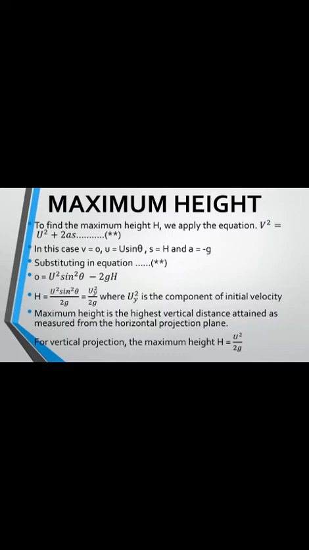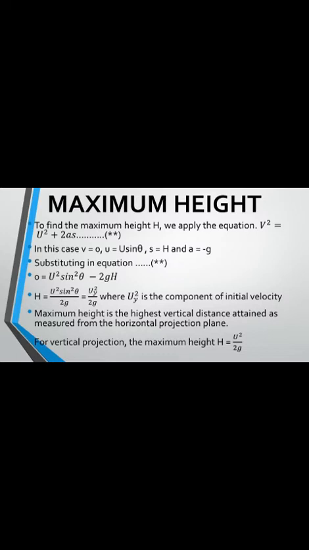All right, in order for us to deduce the maximum height which a projectile will get to after being projected, we are going to derive it from the equation of motion v squared is equal to u squared plus 2as. Now, I already said that at maximum height the velocity is equal to 0.